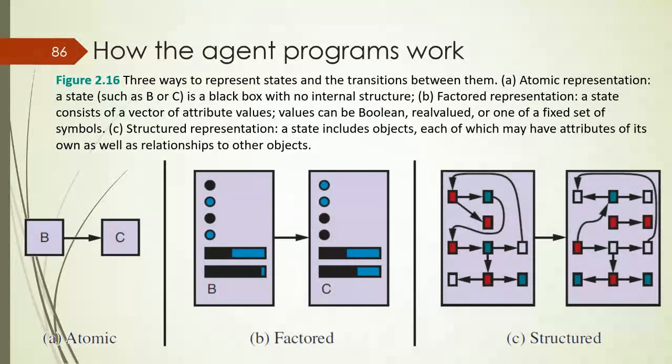Okay, and in the third one, the structured one, each state itself might have a representation of different connections and different information. You are at this state right now, for example, and you came from that state and you need to go to that state. There is a danger ahead. When you are at this state, it means you have to fuel up, you have to take care of this, you have to be aware of that.